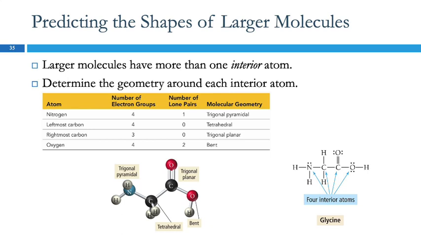So that's trigonal pyramid. And here this carbon has 4 groups, no lone pairs, so that's tetrahedral. Here, 3 groups, no lone pairs, trigonal planar. Here, 4 groups, tetrahedral, but 2 lone pairs, so it's bent. And then this is what a model might look like.